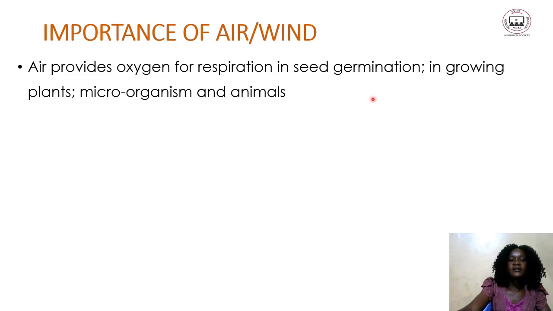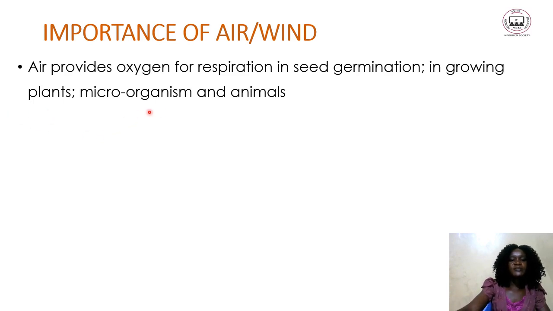Apart from that, the same oxygen is also used for respiration in the growing plants. During the day, there is high photosynthesis happening in plants, but during the night, there is high respiration happening. So even the plants need air for them to respire.